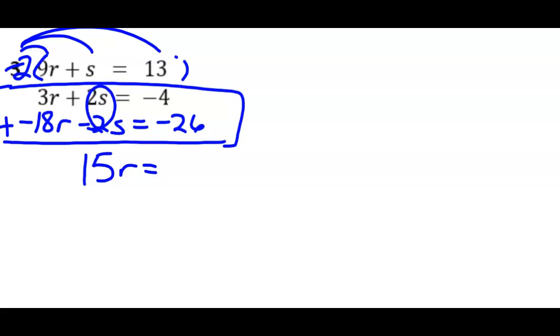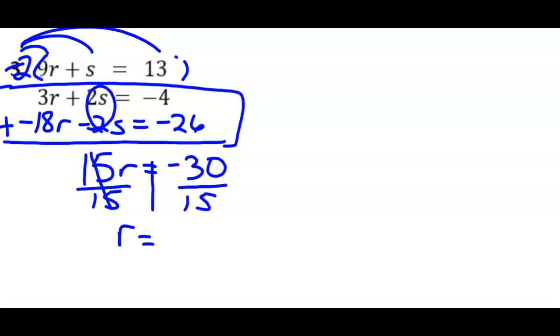Everybody. -30. What do I have to do to get my r by itself? What am I going to divide by? That'll cancel. So I've got r is equal to -2. Don't lose your negative. Negative divided by positive is negative.